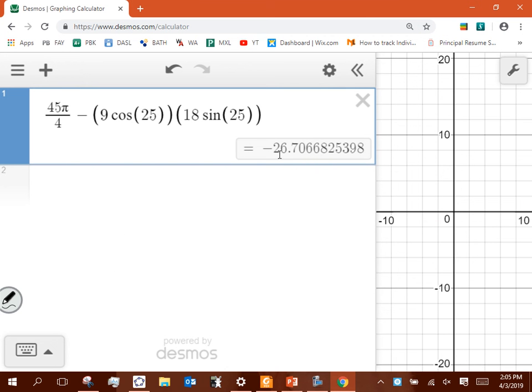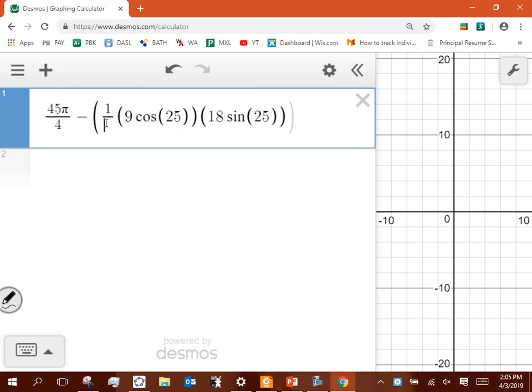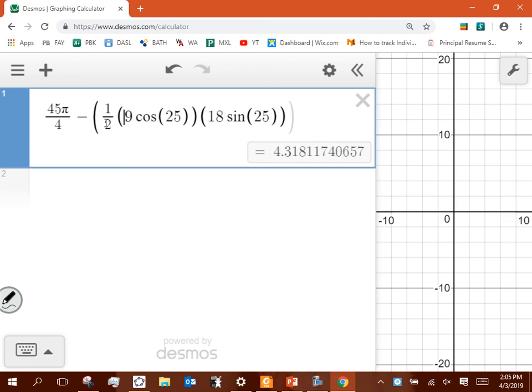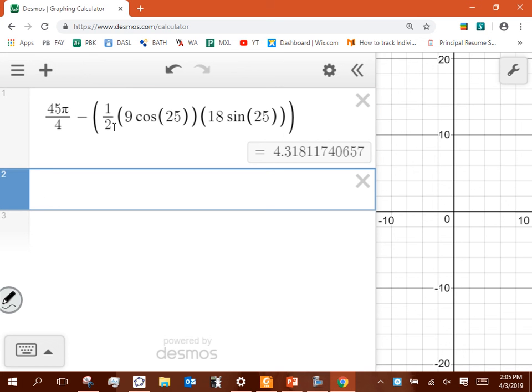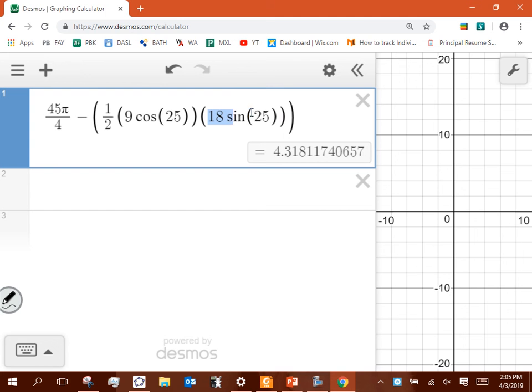I mean, this should be a positive number, right? So I've got something going on here. Oh, I forgot my 1/2, right? So 1/2 base times height, right? Does that make sense? So I can type that all in my calculator just like that, and it gives me back my 44.3, and I can round that to whatever decimal I need to.